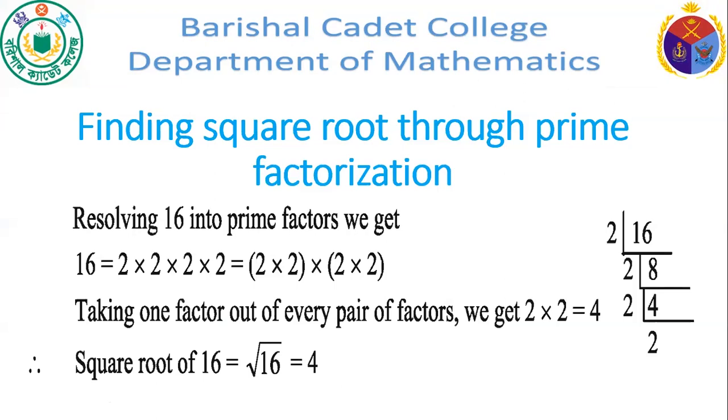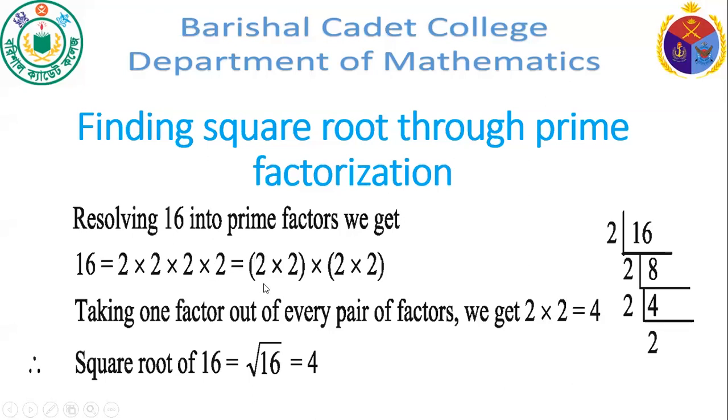Now, the question arises: finding square root through prime factorization. For this system, we have to factorize a number with the help of prime numbers. For example, for resolving 16 into prime factors, we get 16 equals 2 into 2 into 2 into 2.